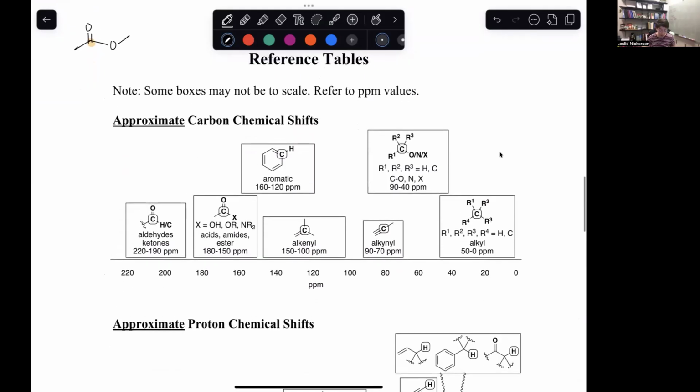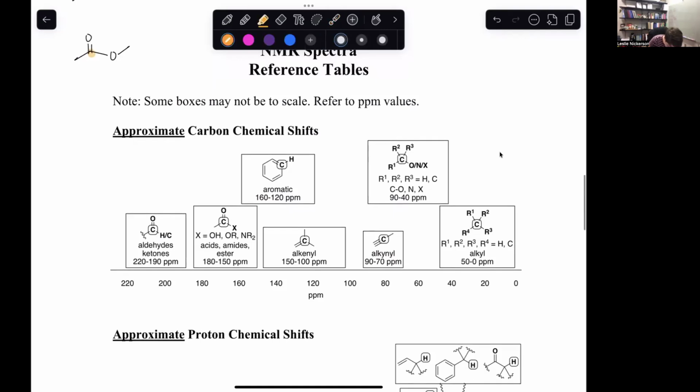So if we look at some chemical shifts for the carbon NMR, make sure that we keep a note here and be really careful with this. This is only looking at the carbon atoms in the molecule. Okay, so it only shows you carbon atoms.